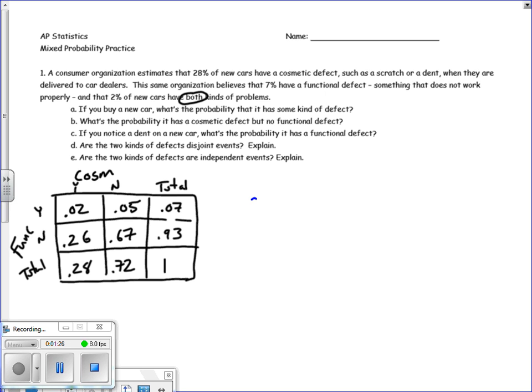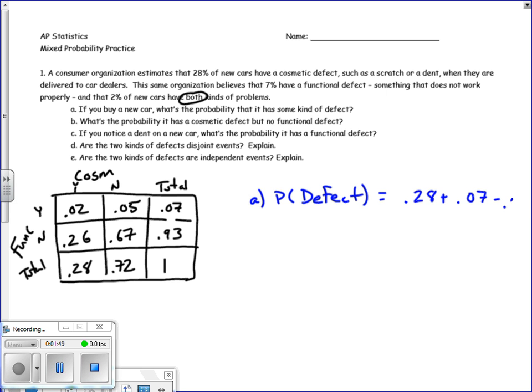So part A, if you buy a new car, what's the probability that it does have a defect? All right, so probability has some type of defect. It could have any of those defects. So it could be cosmetic, it could be functional, could be both.